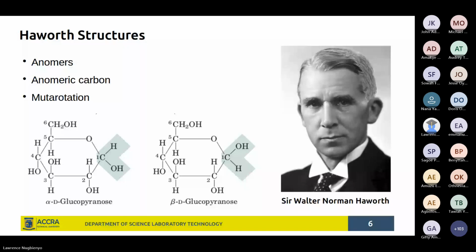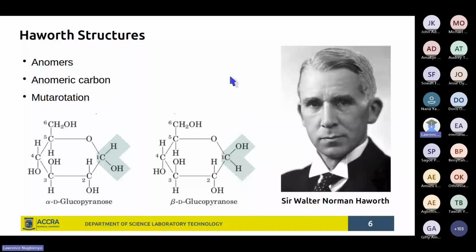Now, you realize that when we were looking at the stereoisomers of the straight chains, enantiomers were mirror images of each other. And even the other diastereomers that were not mirror images of each other, we were actually looking at the family tree of the aldoses and the ketoses.